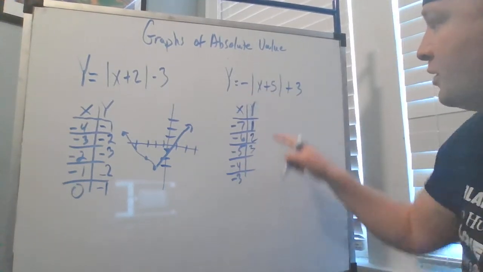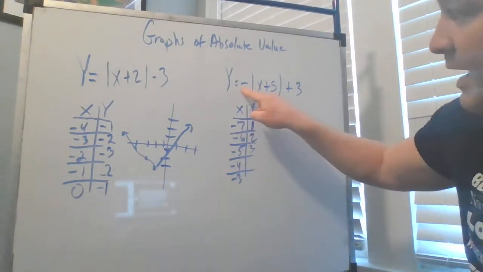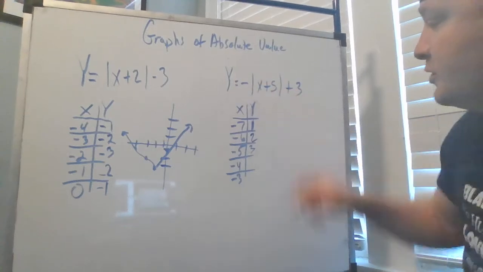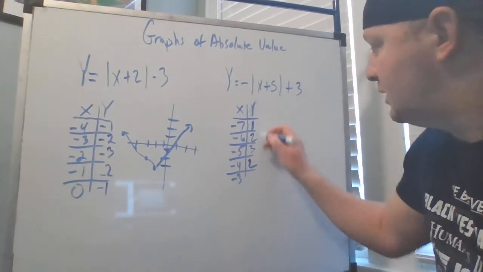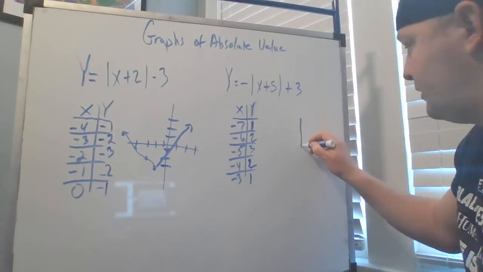And I hope my symmetry is going to work here. -4 plus 5 is 1. Absolute value of 1 is 1. Opposite of 1 is -1 plus 3 is 2. We already know this will work out too. Okay? So now let's just graph this puppy.